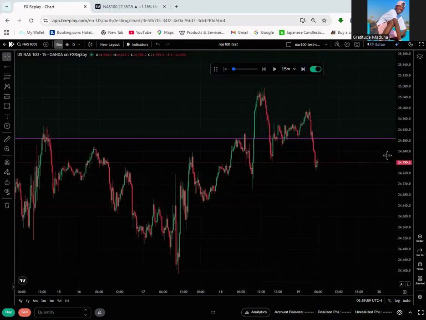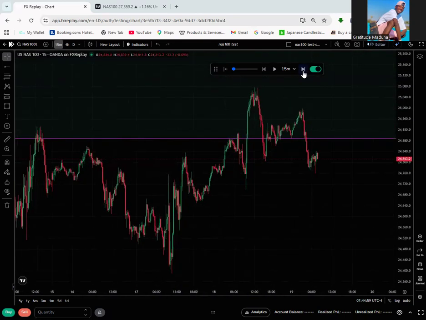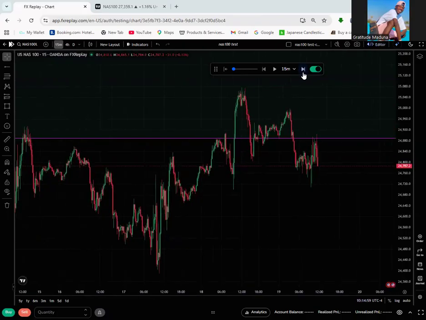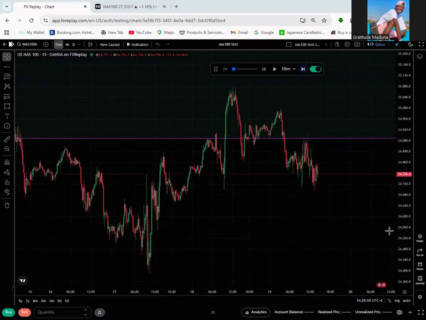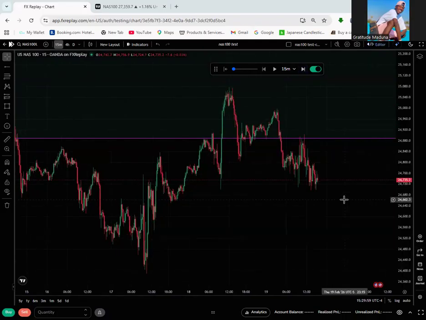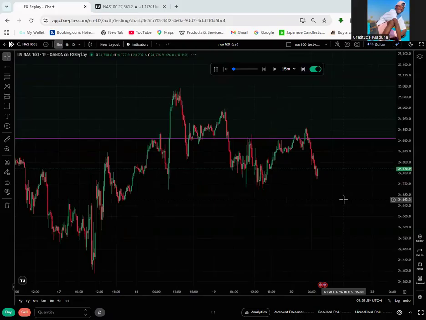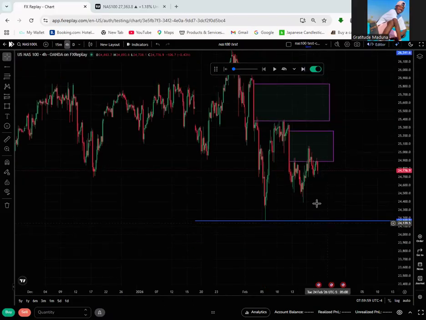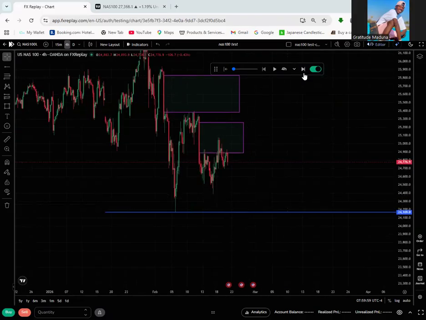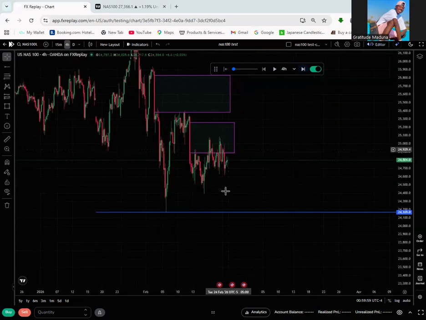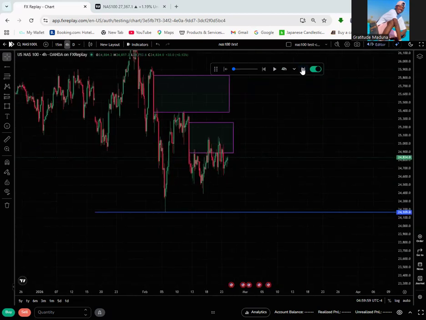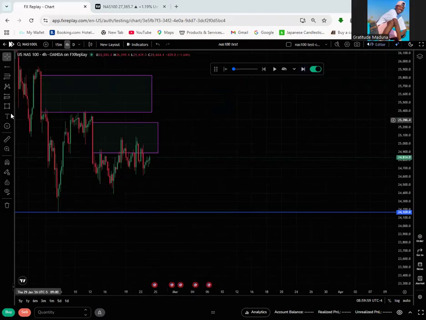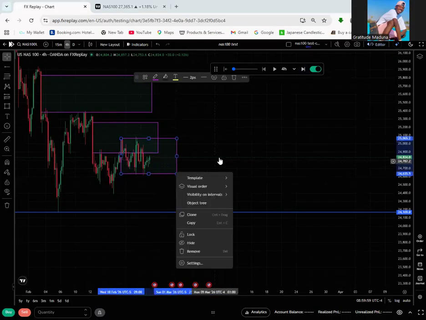Price action is still not clean, and I want price to kind of recalibrate and balance. This is when I just don't trade those days. Sometimes I can tell what it's gonna do, I can tell which liquidity it's going for, but if I don't see that clean price action, I just watch it. I see we're creating momentum to get to this liquidity here, this one down here. But now I'm not getting a clean setup. You see even here we have a mini consolidation and I don't like that.